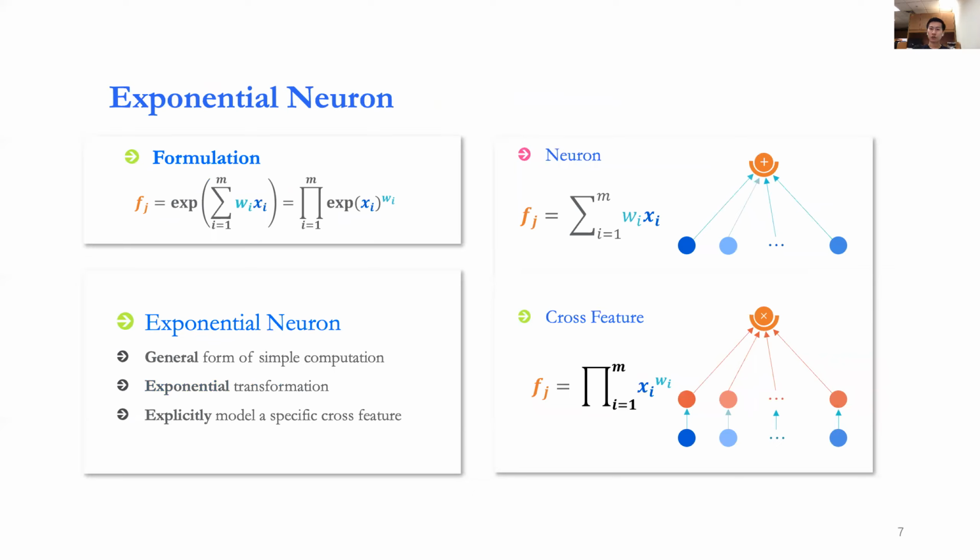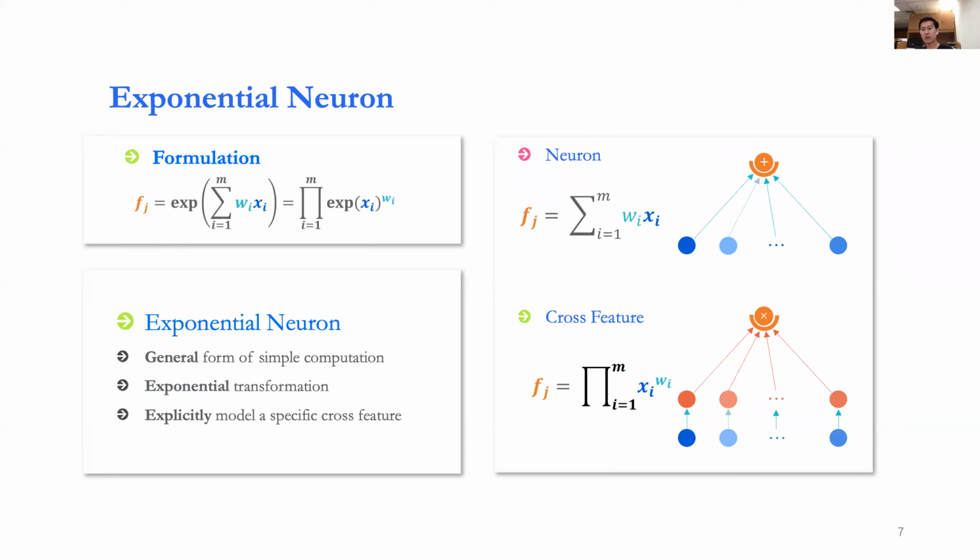Firstly, the exponential neuron. Let's look at the difference between a neuron and a cross feature, which is illustrated on the right panel. So the main differences are that, firstly, the way how input X is transformed by the weight W, and secondly, how the transformed inputs are merged together.